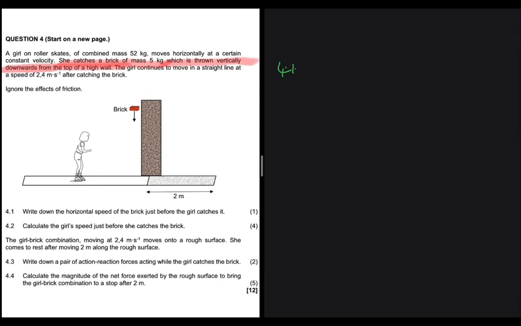So if a brick is thrown vertically downwards, then it has a horizontal speed of 0 meters per second, right? Because it's only moving along the vertical. So the answer for 4.1, we're going to have Vx, x being for horizontal, equals 0 meters per second.